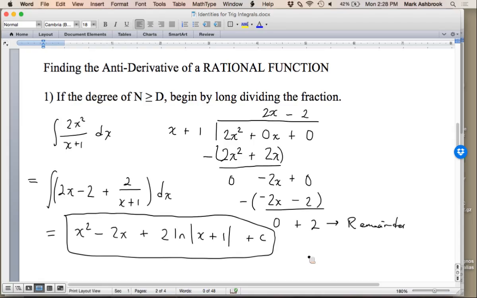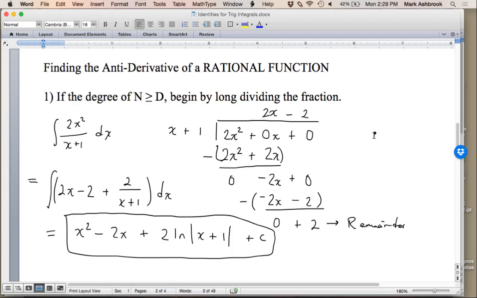Now, sometimes what will happen is you'll do this long division and you'll get something that's not so easy. It's another rational function where n is less than d. If we have a rational function that's not just a straightforward antiderivative like this, and n is less than d, this requires a technique called partial fractions, and that's the main crux of today.